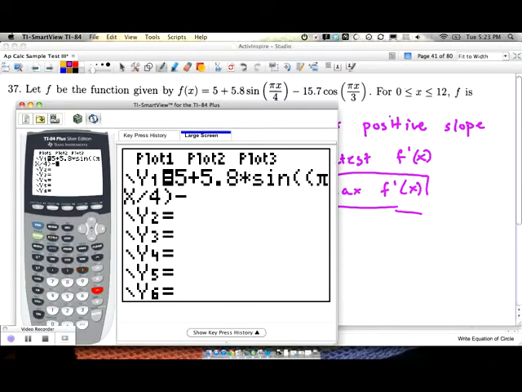We have minus 15.7 cosine. Now in here I'm going to have pi x divided by 3, so I have secant pi times x divided by 3. So let's go ahead and graph that.